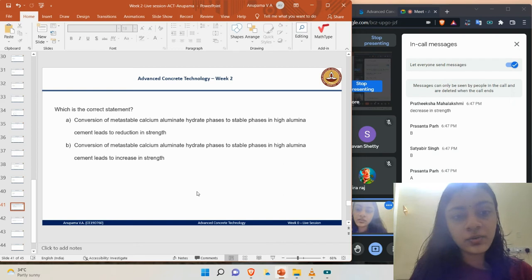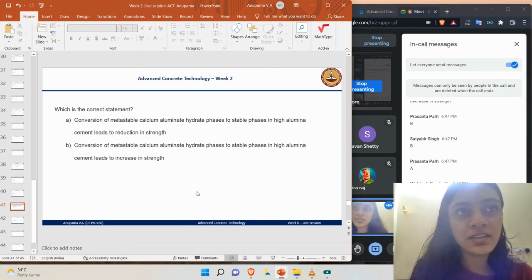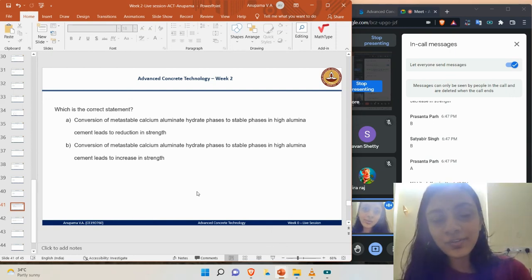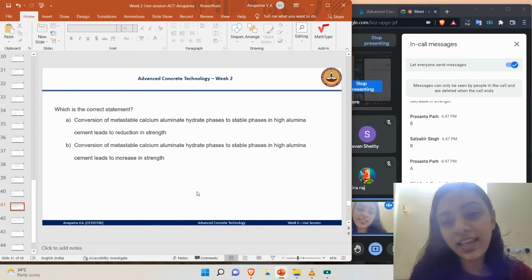When calcium aluminate hydrate forms, it initially forms as a metastable phase, say C2AH8, and with time it converts into stable phases, which are C3AH6, the hydrogarnet phase. This is accompanied by the introduction of porosity in the system.